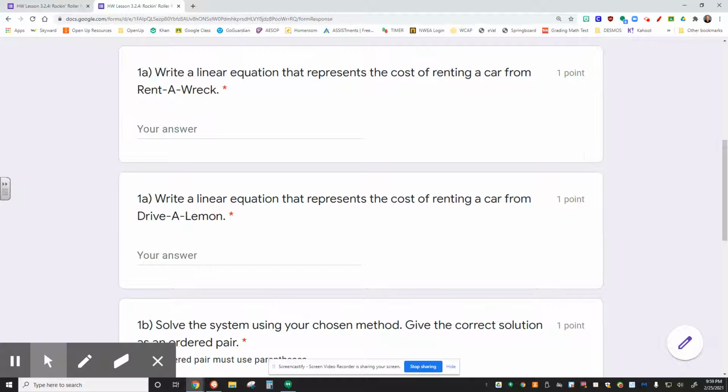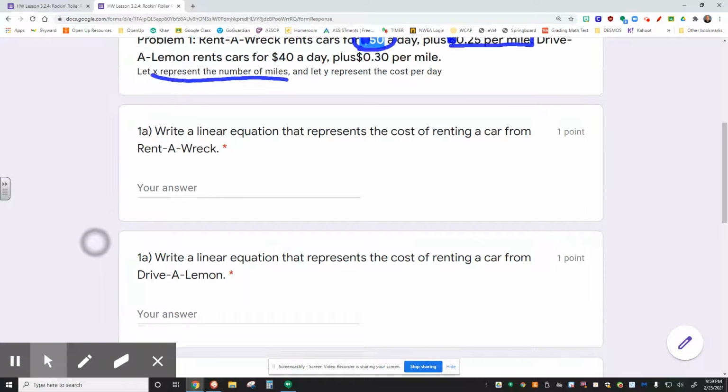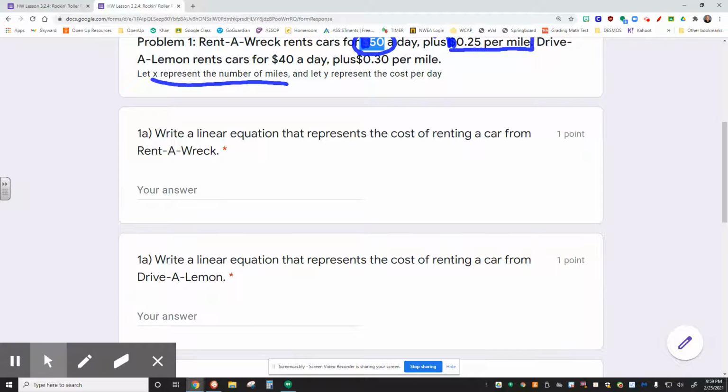again, it's going to be 1A. This might seem a little bit weird, but 1A, just so it corresponds with the work in there since I split it up, talks about writing an equation that represents the cost of renting a car from Drive a Lemon. So let's go ahead and do Drive a Lemon. Uh-oh.